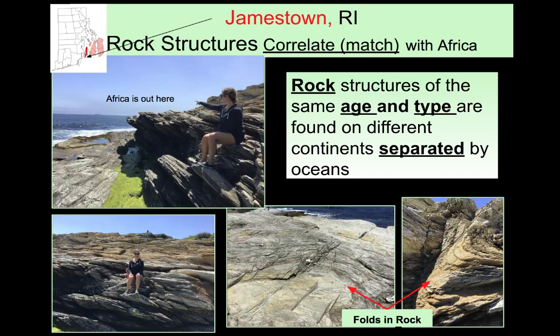So we have these rock structures that are all folded and contorted and twisted and not looking the way they should, that match and correlate with rock structures in Africa across the Atlantic Ocean. Same age and same type of rock are found on both Rhode Island and in Africa.